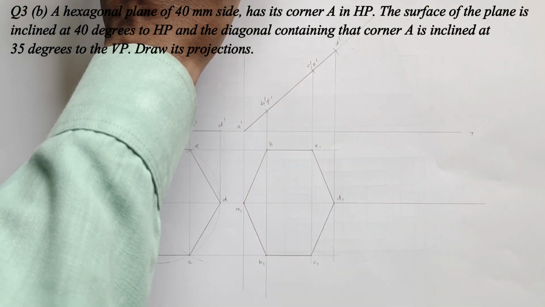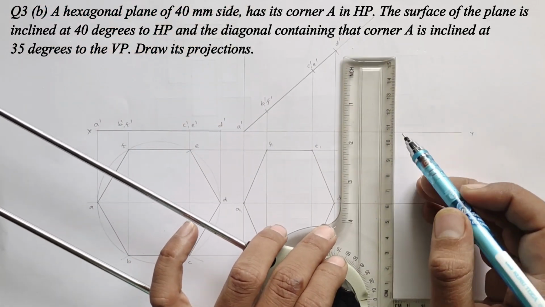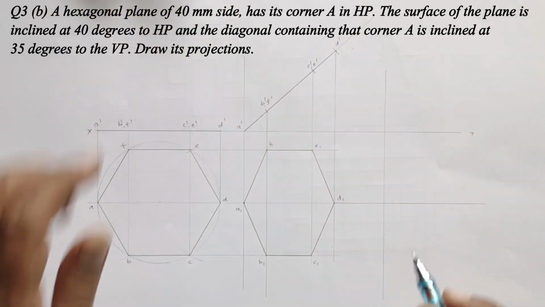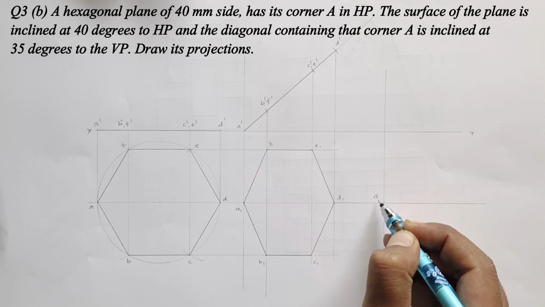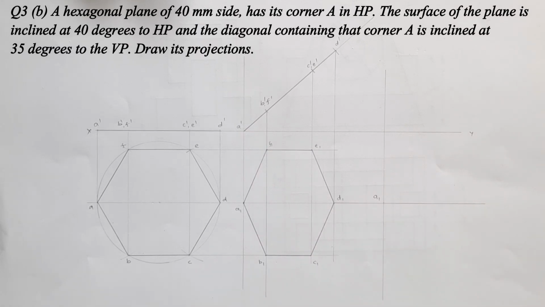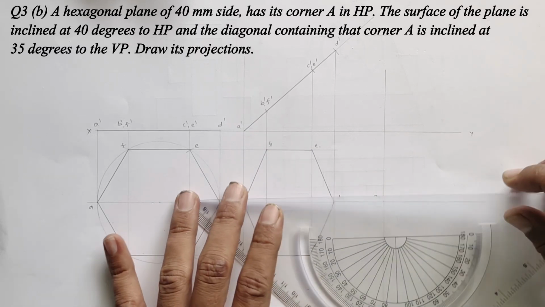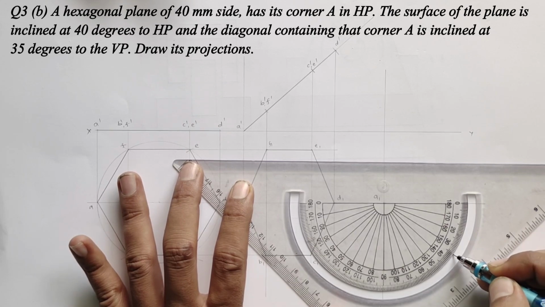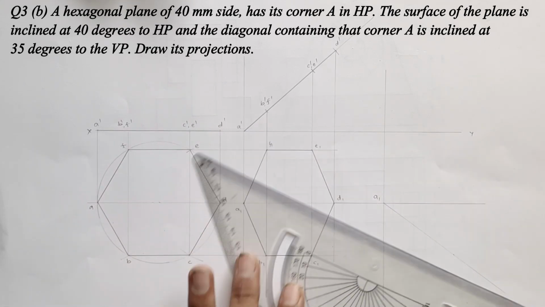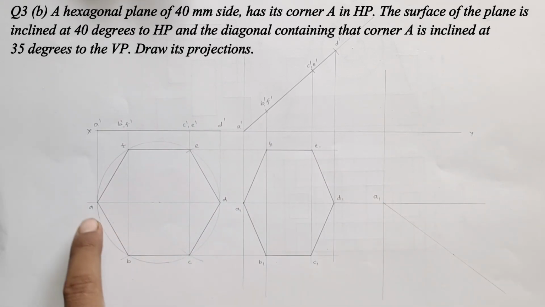Taking the projector forward, a new point A1. Okay, the angle 35 degrees. On this you have to keep this diagonal.